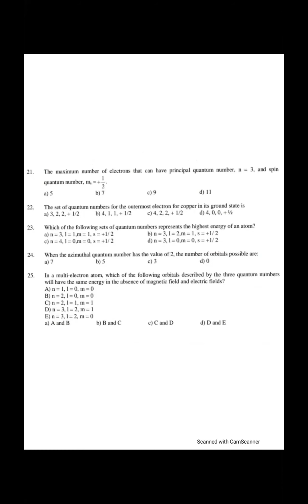For n equal to 3 and spin quantum number as plus half, you have to tell the maximum number of electrons.